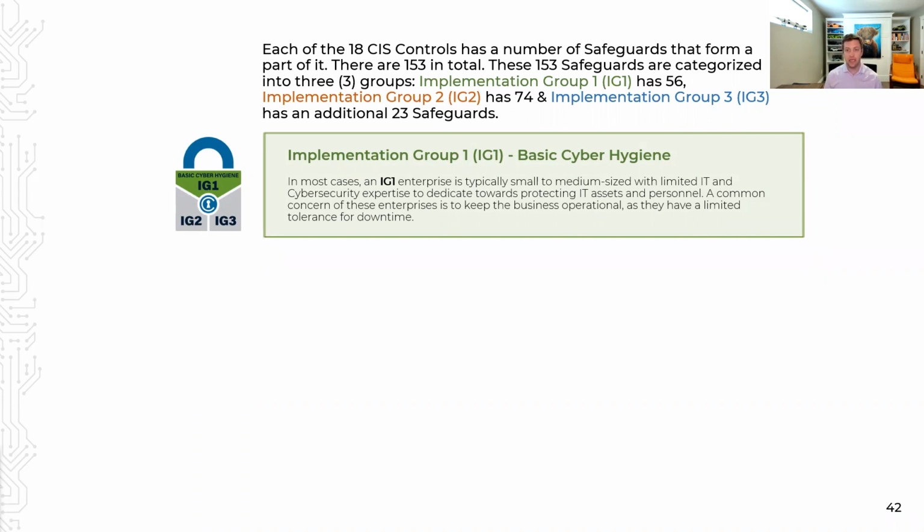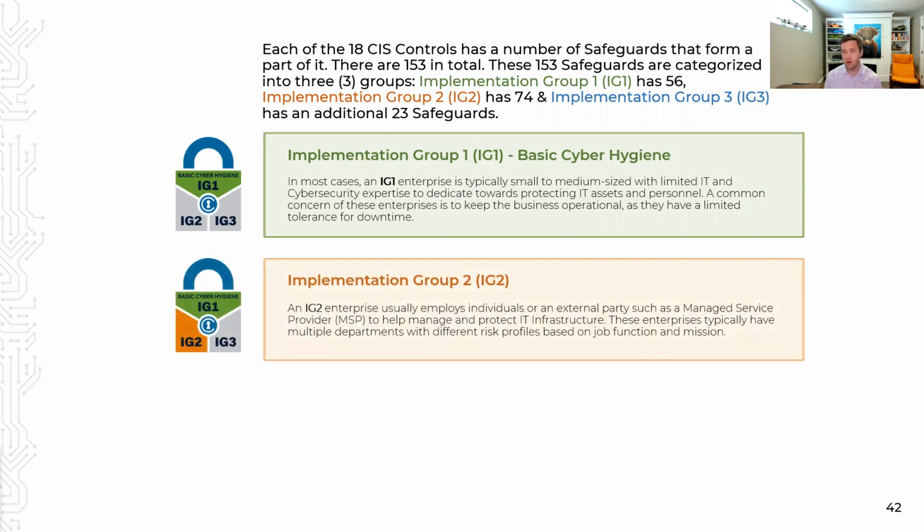So if you just want to take care of the low-hanging fruit, we'll call it, the basic cyber hygiene, you would want to go through and make sure you have as many of the 56 as possible. If you're a little bit more mature, they talk in here about maybe you're working with a managed service provider like us, the expectation would be that you've gotten through implementation group 1 and you're working on the 74 items in implementation group 2.